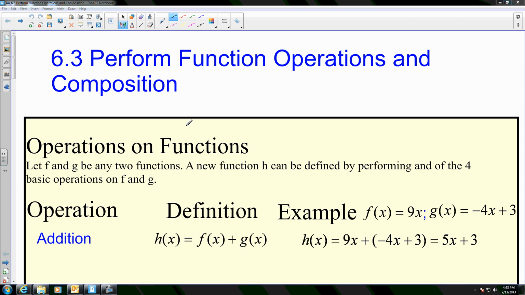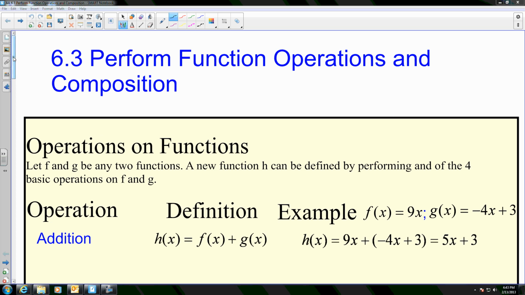Basically, operations on functions is we're letting f and g be two separate functions, and then here in our examples we're giving it a new function h, but we can define it by performing some of the basic operations for f and g.